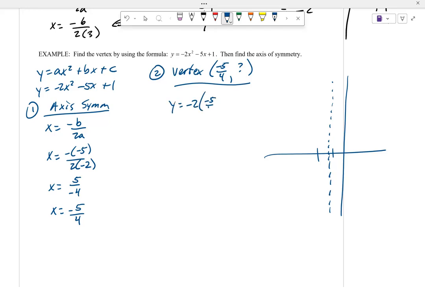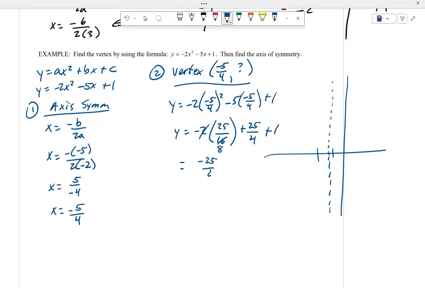for x. Negative 5/4 squared minus 5 times negative 5/4 plus 1. Let's see, that would give us negative 25 over 8 plus 50 over 8 plus 8 over 8.